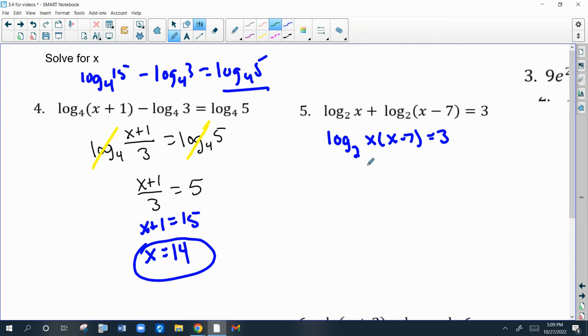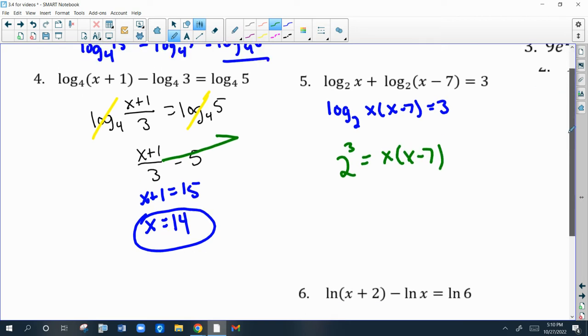So we use that little triangle rule. 2 to the third equals x times x minus 7. So that base to this exponent of 3 equals x times x minus 7.